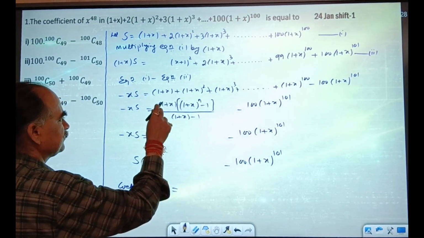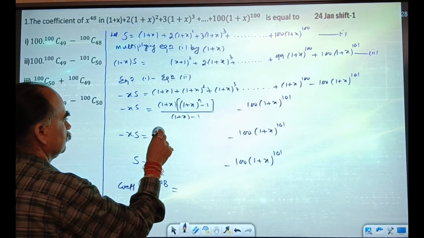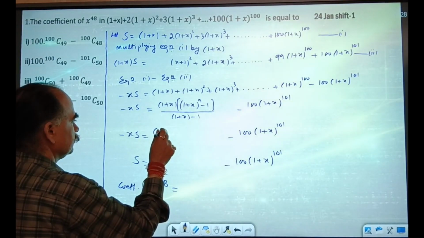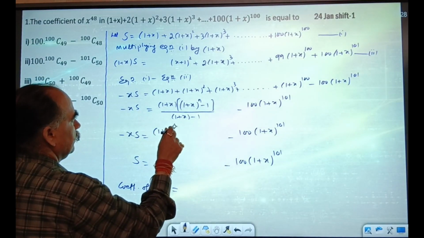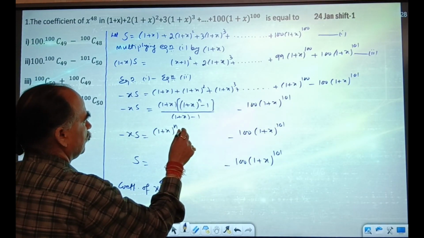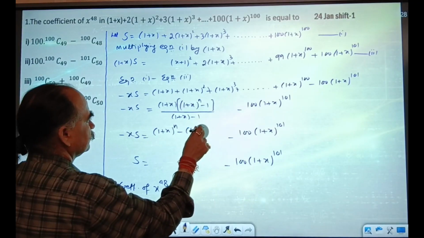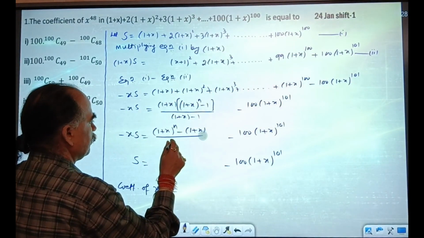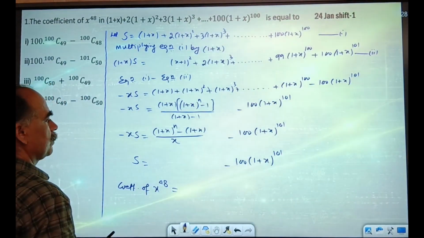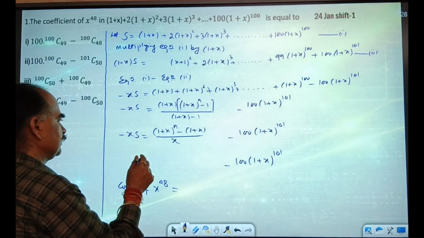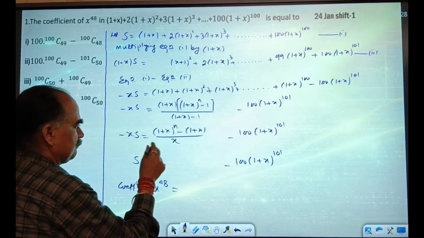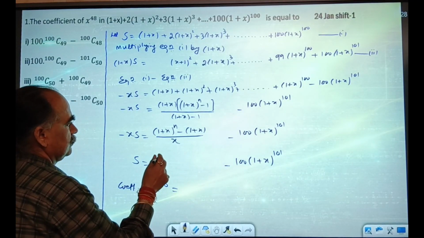So this will give minus x, multiply this. So 1 plus x raised to n minus 1 plus x upon x. Now divide by minus x, and minus x is separated.